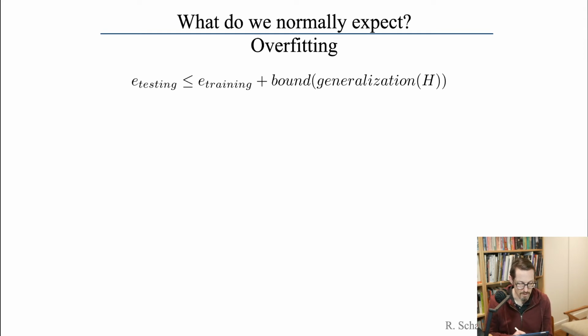We know that the testing error is going to be less than or equal to the training error plus generalization error. And as we've talked about, in that probably approximately correct, computational learning theory stuff, we were trying to figure out bounds on things, and you can get a bound on generalization error.